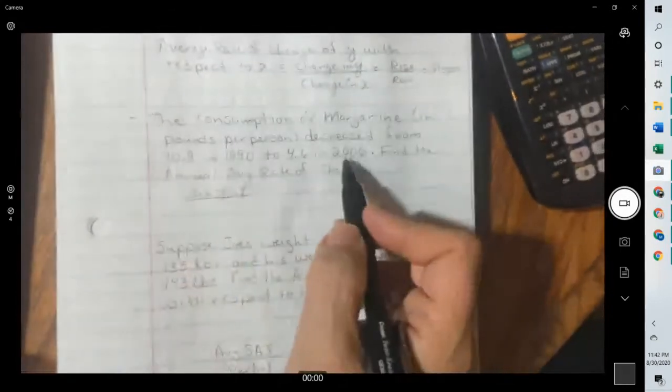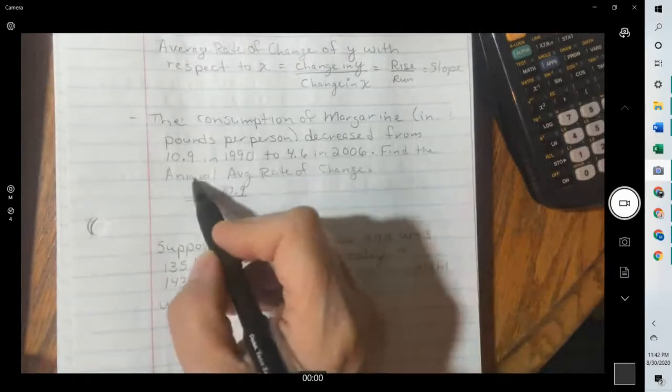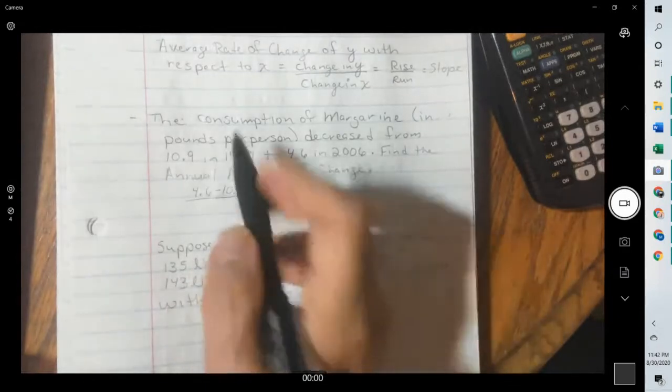So if we look at our pounds, 4.6 minus 10.9, in years, because annual, 2006 minus 1990. Now, if you're going to enter that all at once, you need to put parentheses around it.